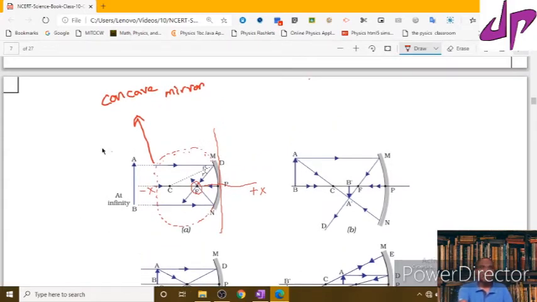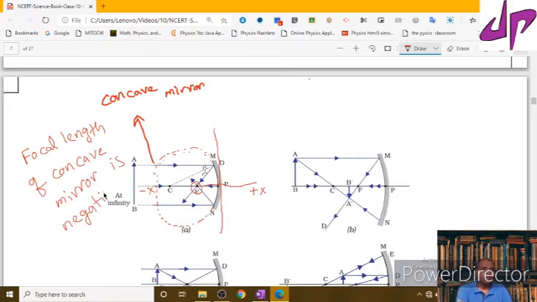Focal length of a concave mirror is negative. So in the given problem, if it is a concave mirror, we should take its focal length value as negative.